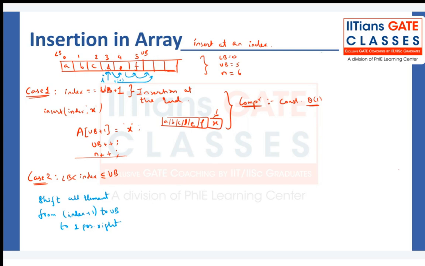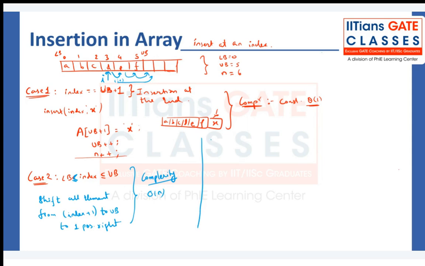And only then can you insert the element at our index. So what would be your time complexity in this case? Yeah, correct. It can also be equal to your lower bound, right?